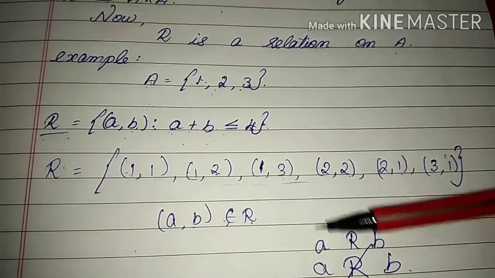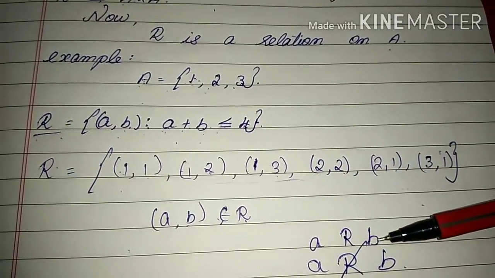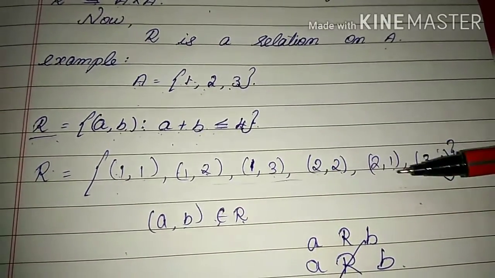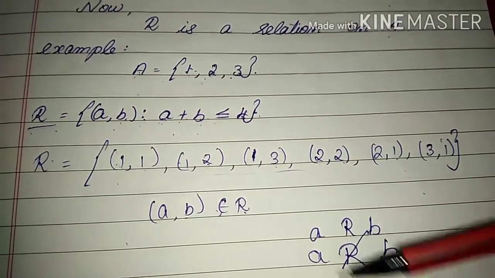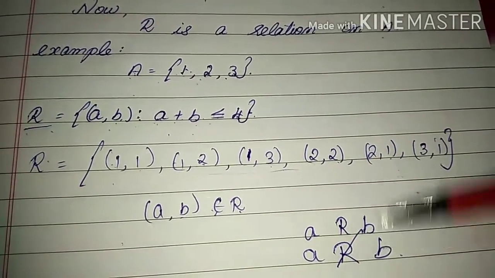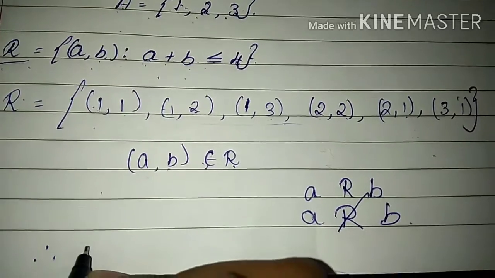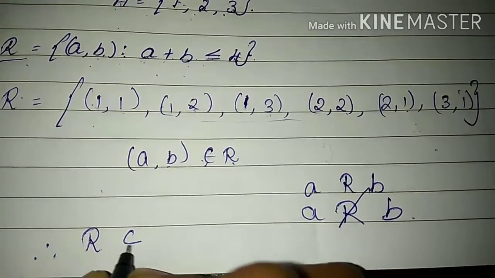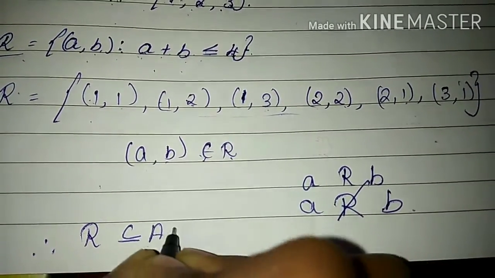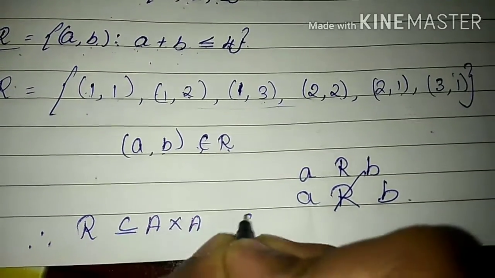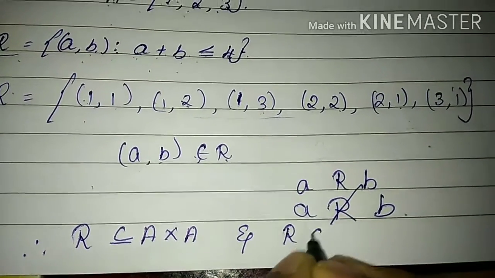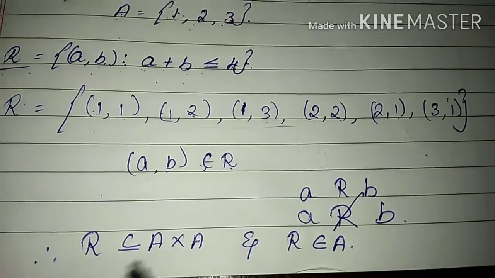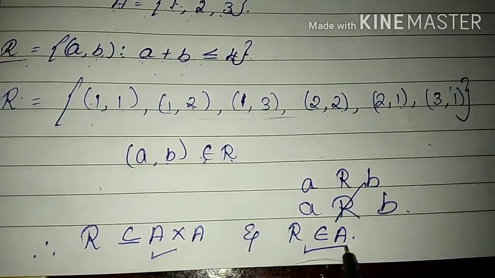This is the representation: a is related to b. If I have a null set over here, I will write a is not related to b. So now I will write: therefore R is a subset of or equal to A cross A, and R is contained in A cross A. Any one of these two you can write.